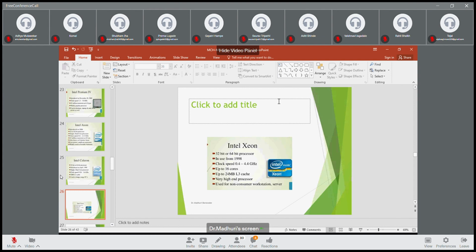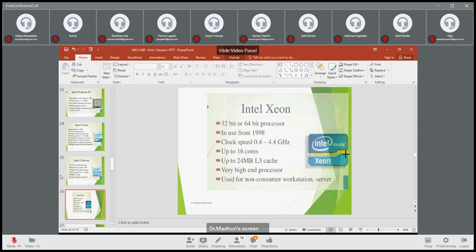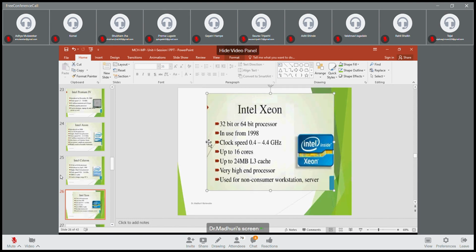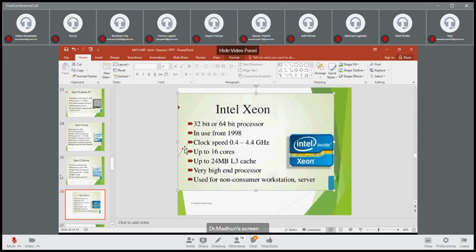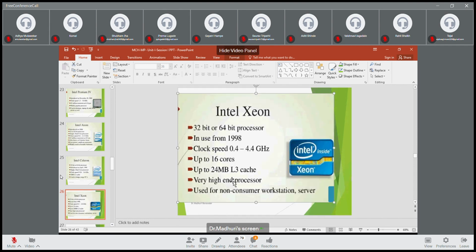Okay. Now the next is the Xeon. The Xeon processor has a clock speed of near about 0.4 to 4.4 gigahertz, but here they have included 16 cores.